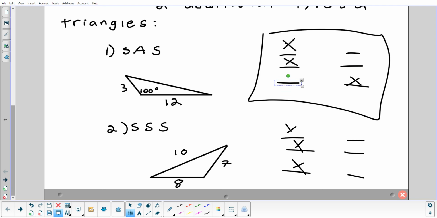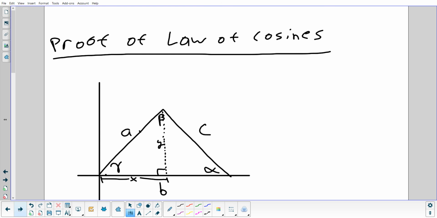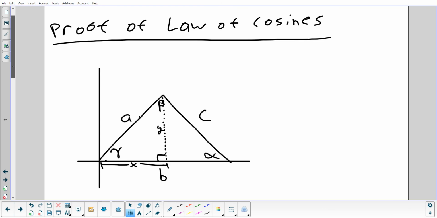You can only be missing one thing. And if you pick the first row and the last row, you're going to be missing an angle and a side. So no matter what combination of two rows you try to pick, you're going to miss two things at the same time with law of sines. Can't do it. So that's where law of cosines comes in.